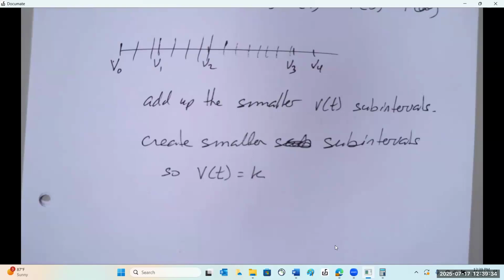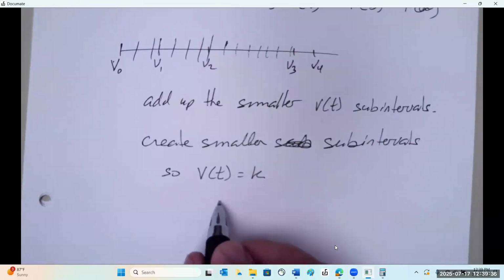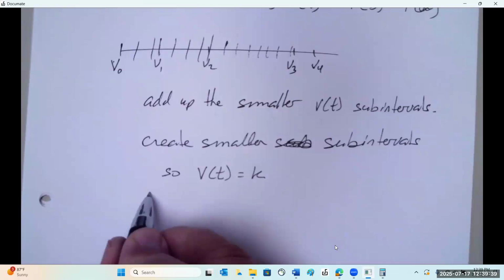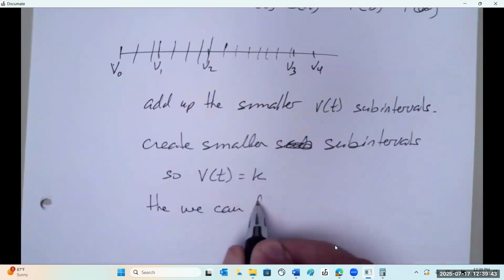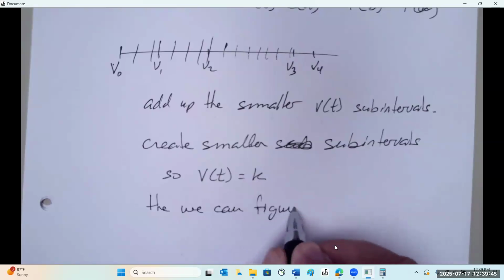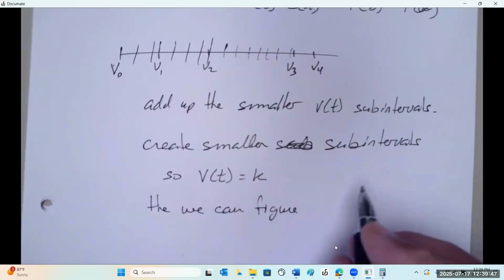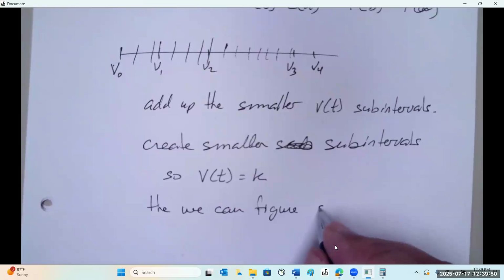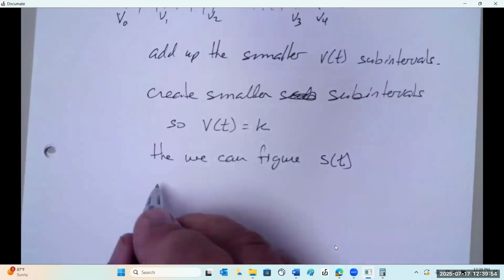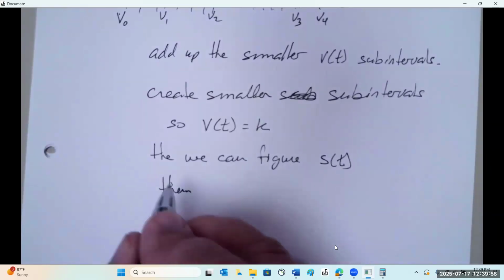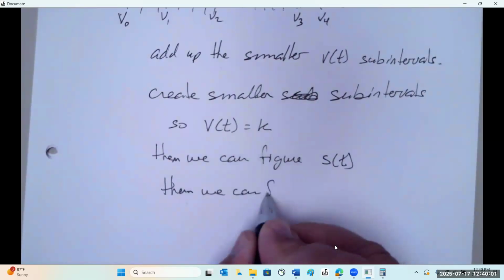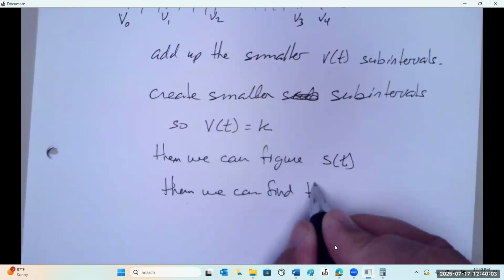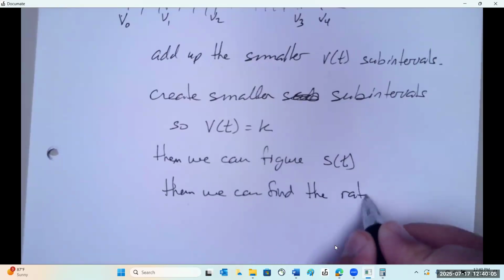Because once you can do that, then we can figure out the position function. Then we can find the rate.